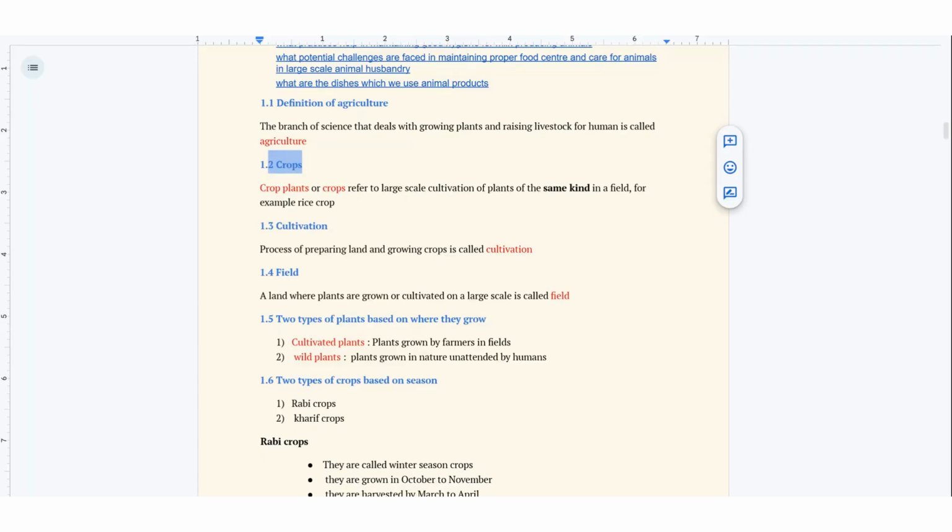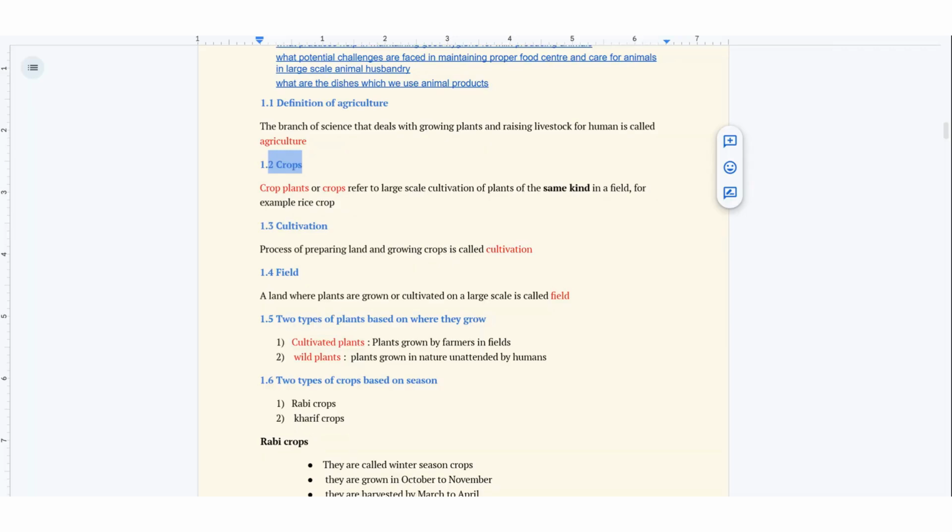So if we set an example, if we plant just one papaya plant, we can call it a plant. But in a field, we take something like 20 papaya plants, we plant it, then we can call this crop.